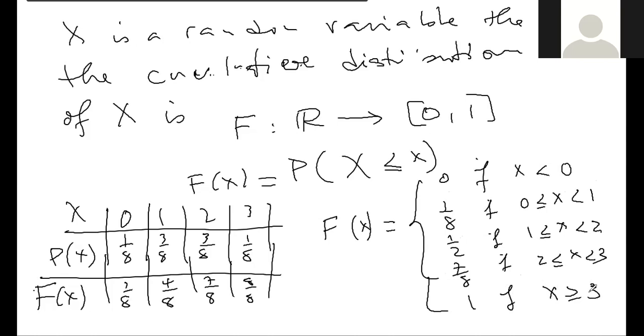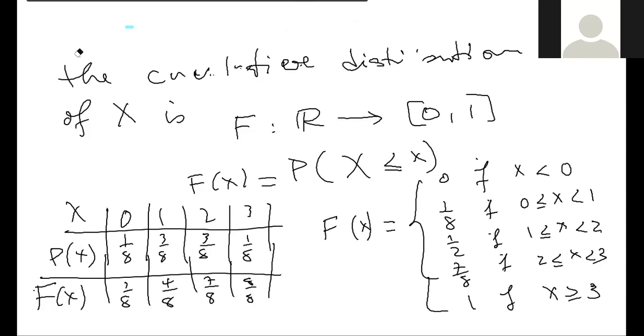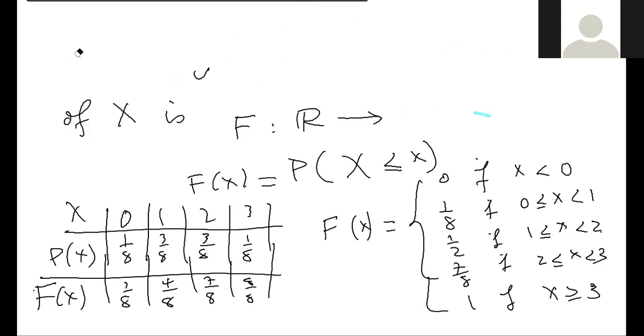This is a cumulative distribution function, and the graph of it is a step function.